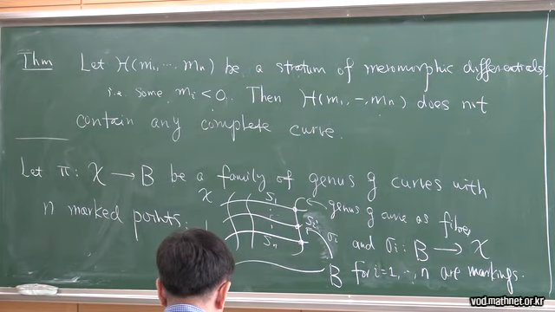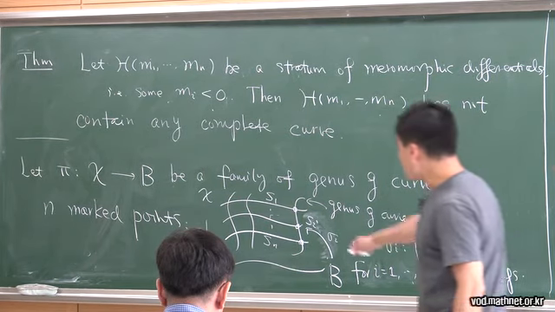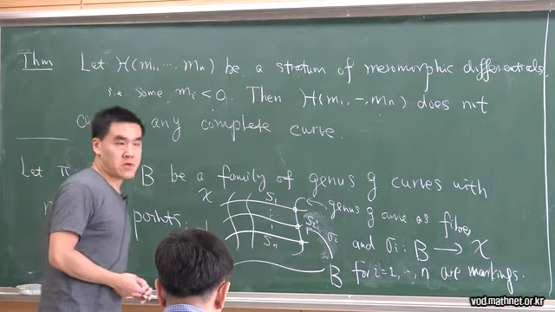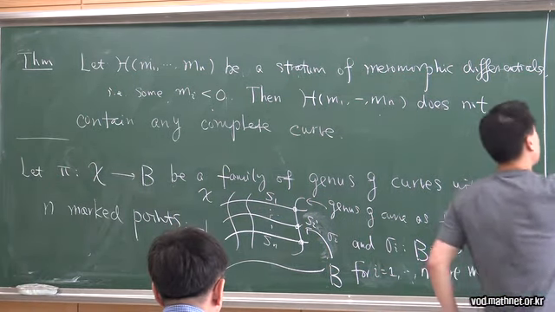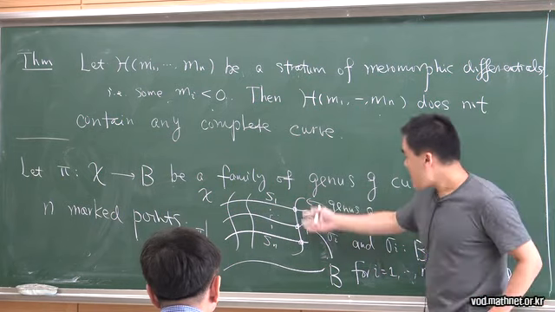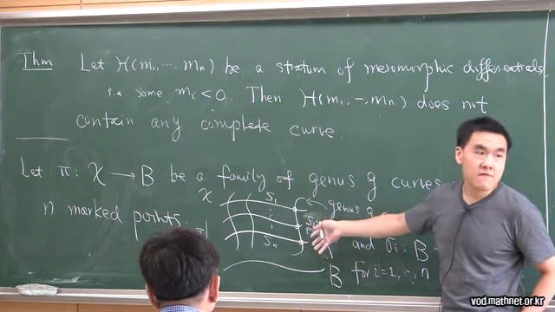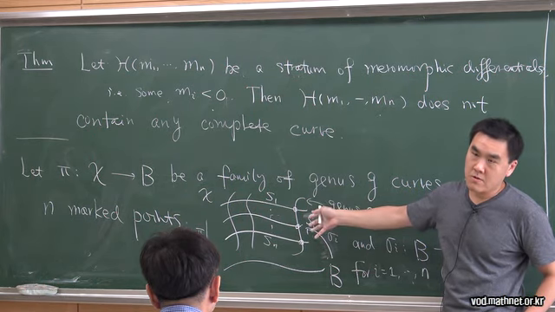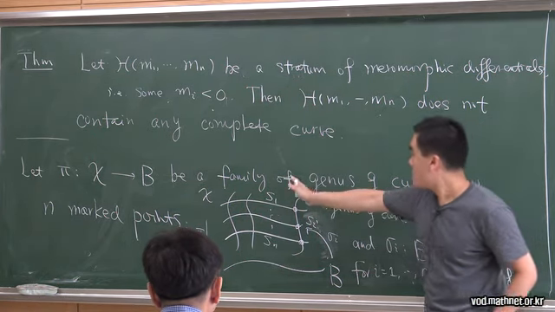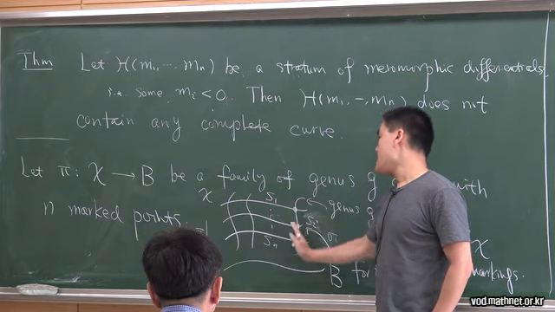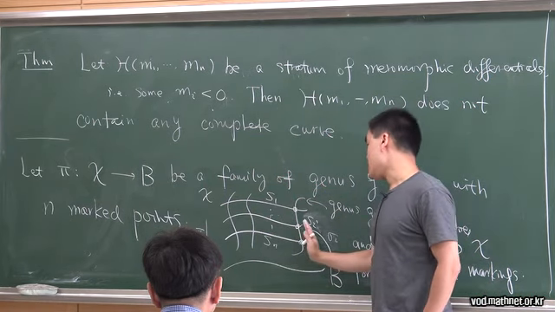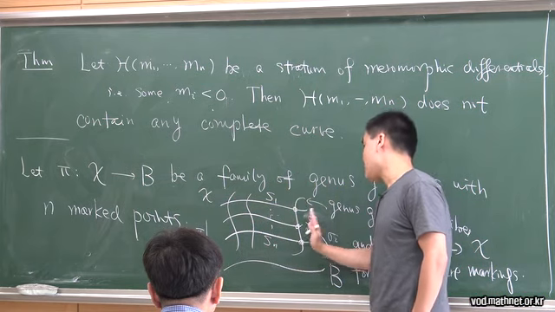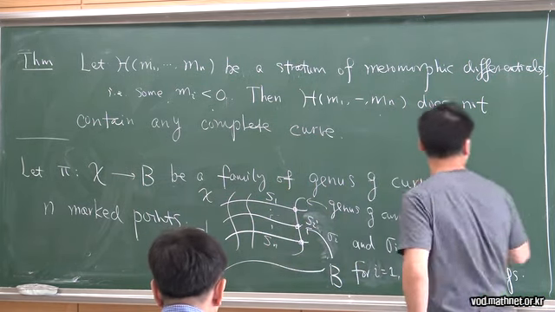Once you are in this situation, let me introduce a few lambda classes or divisor classes. Each fiber is a genus g curve. I can consider the so-called relative canonical line bundle, or relative cotangent line bundle. That means I want to consider the canonical line bundle not of the total thing, but restricted to each fiber. It canonically represents the canonical line bundle of the fiber and varies canonically with the base.